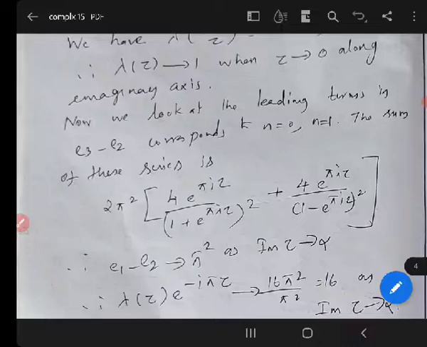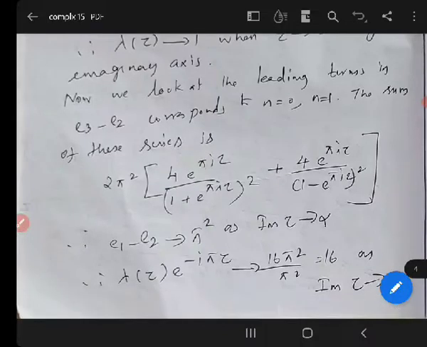You have to substitute n equal to 0 and n equal to 1 in this summation, so that e1 minus e2 will tend to pi square as imaginary part of tau tends to infinity, so that lambda tau into e raised to minus i pi tau will tend to 16 pi square by pi square, which is equal to 16, as the imaginary part of tau tends to infinity. Okay, so these are some characteristics of the modular function.